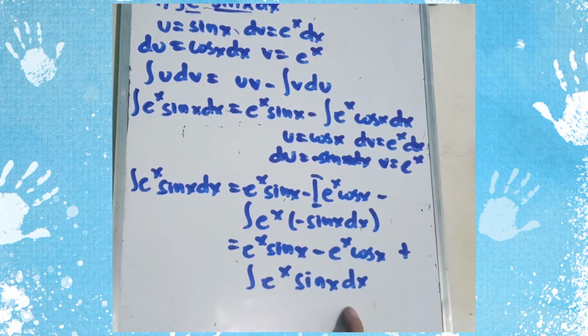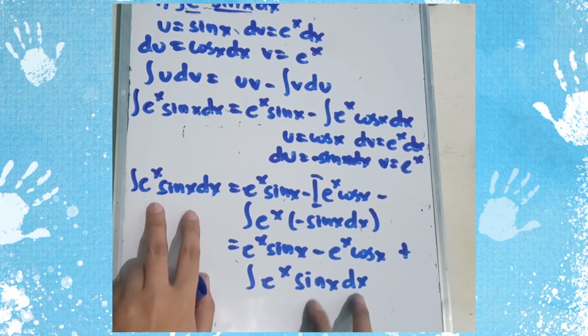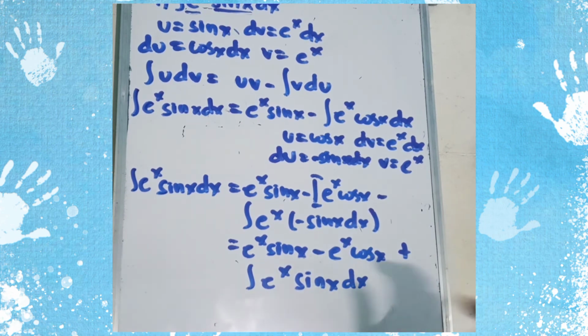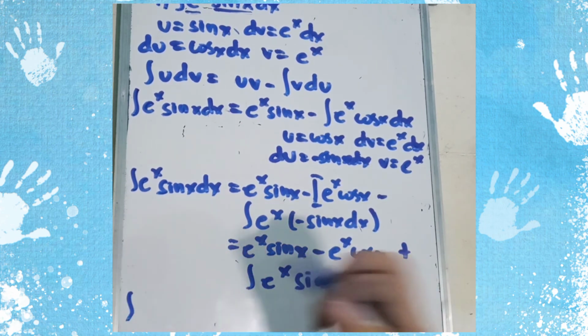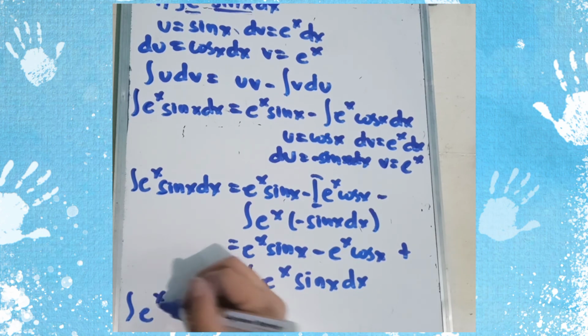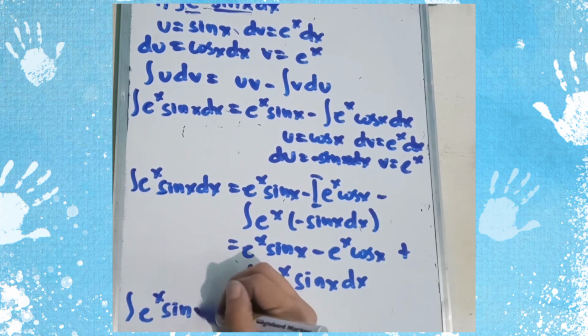So actually for this case, we can apply the addition property of equality. We can move this one to the other side of the equation, since you've noticed both are the same. So that's the integral of e raised to x sine x dx.